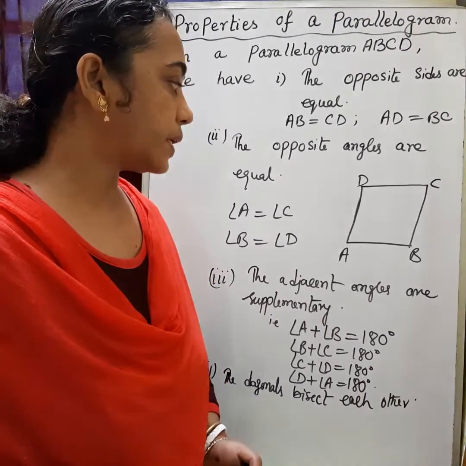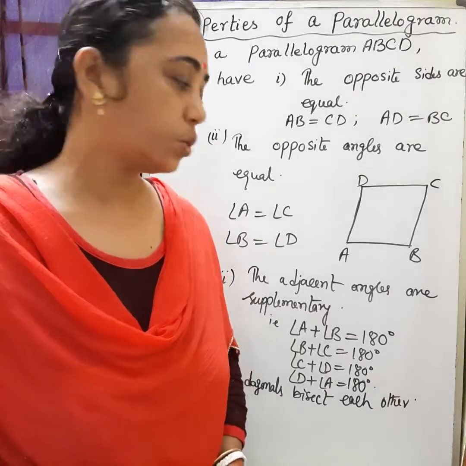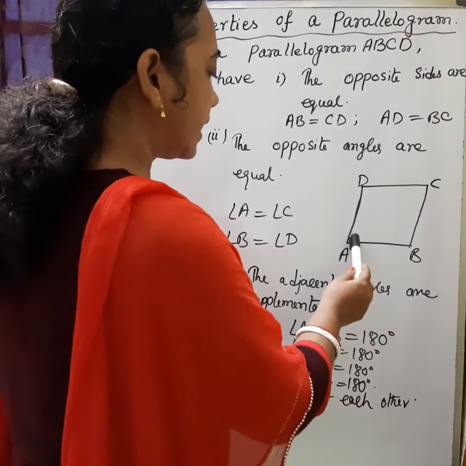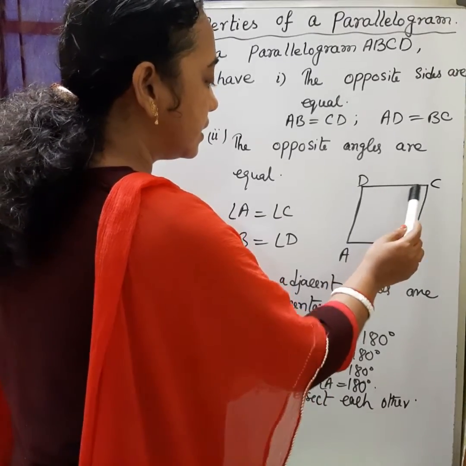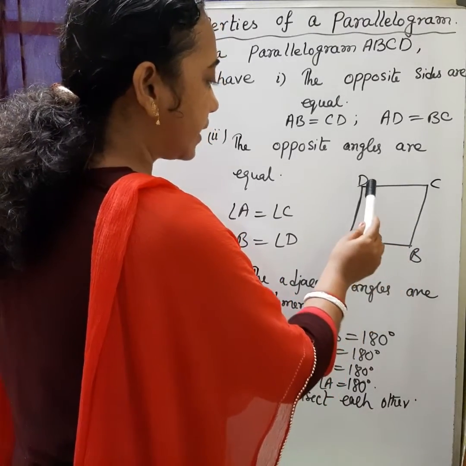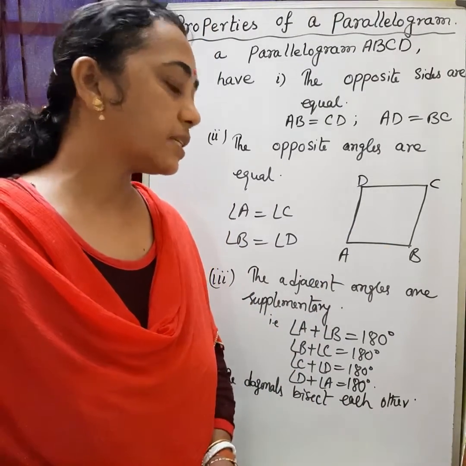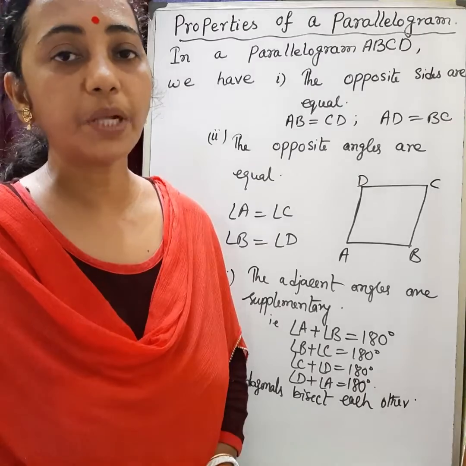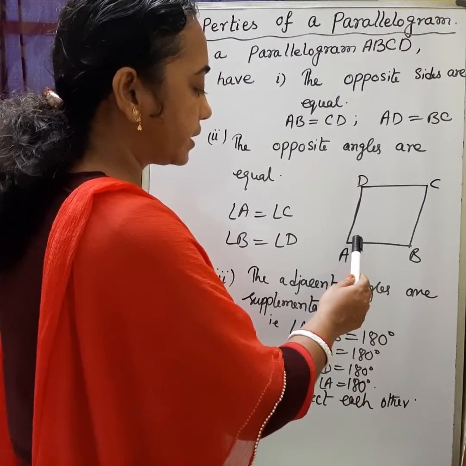The second property: opposite angles of a parallelogram are equal. Angle A and C are opposite angles, so angle A is equal to angle C and angle B is equal to angle D. The third property: the adjacent angles are supplementary, that means the sum of adjacent angles is 180 degrees.